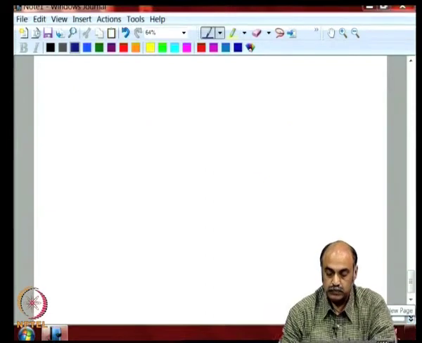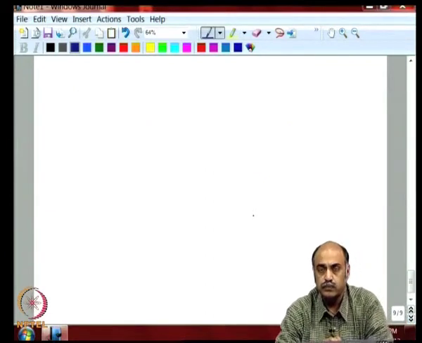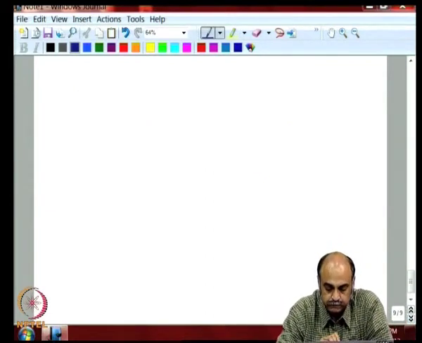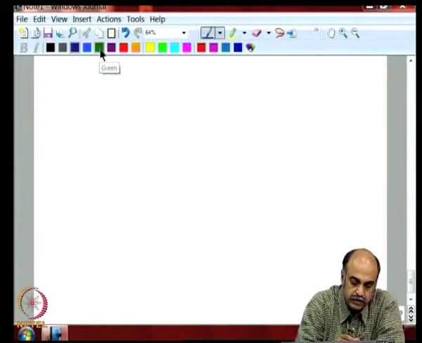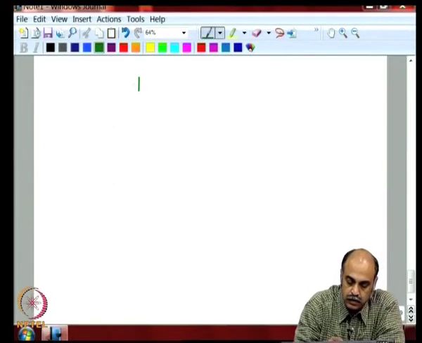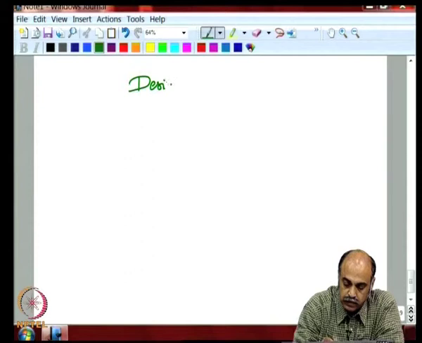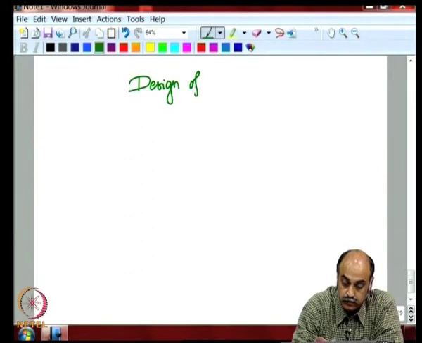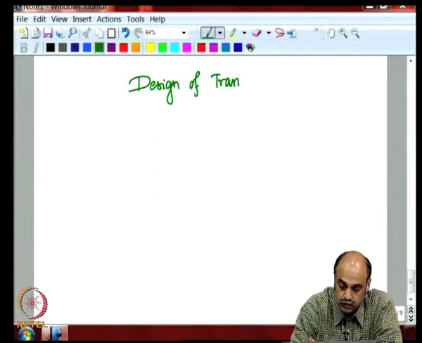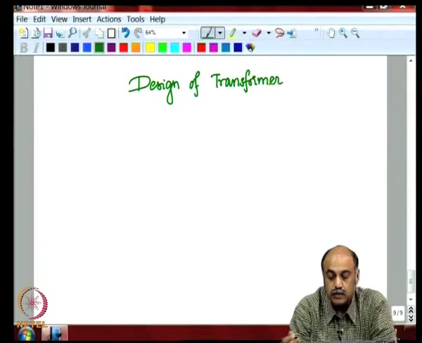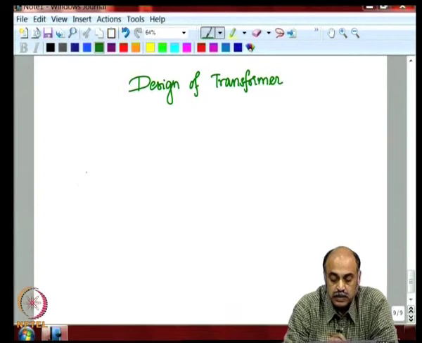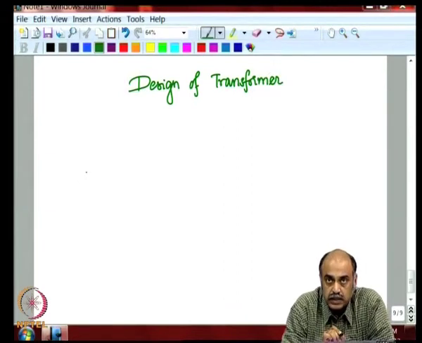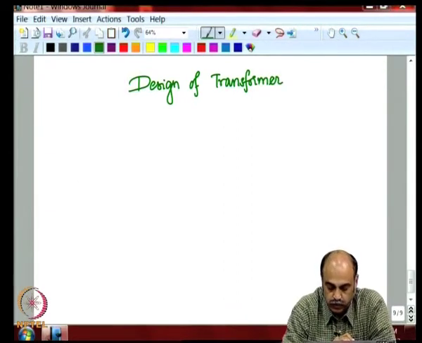Now, the design of the transformer is also very similar, except a few points. Let me talk about the dissimilarities in the design of the transformer. You see that there is no energy storage in the transformer. We do not want energy storage in the transformer.